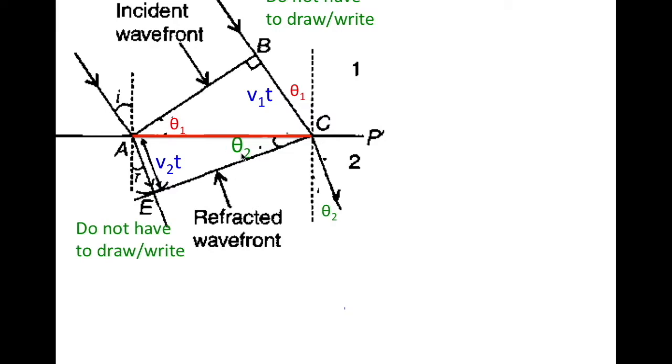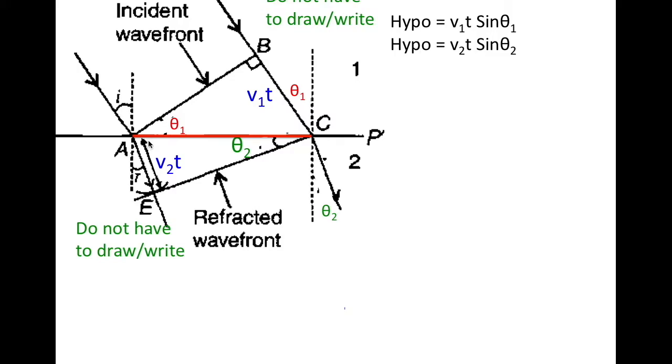If we use Pythagorean's theorem, we can then make a connection between the angle of incidence and the angle of refraction. When solving for the hypotenuse, which is right here, the red line, for both of these triangles, because here we have the angle of incidence and the angle of refraction, we would get that the hypotenuse would equal v sub 1 t over sine of theta 1, and remember, sine of theta 1 is the opposite over the hypotenuse.